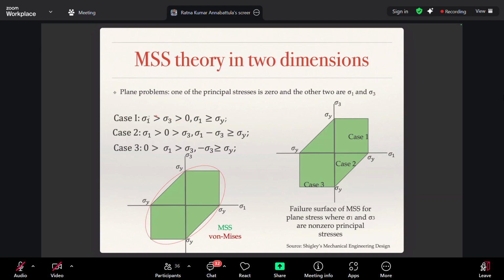That means both sigma 1 and sigma 3 are positive, so it is in this quadrant. Then the failure happens. If both of them are positive, then in a 3D state of stress, sigma 2 will be 0, isn't it?